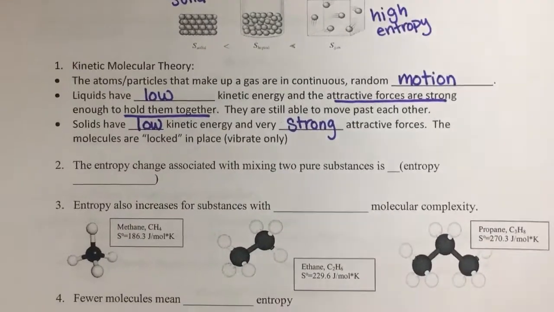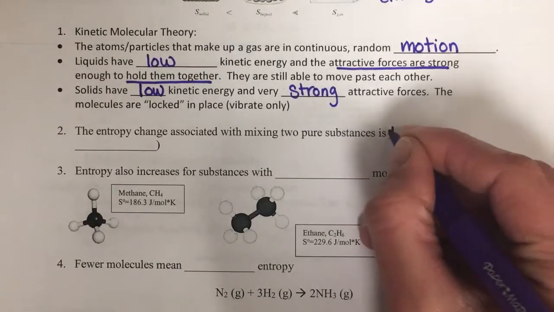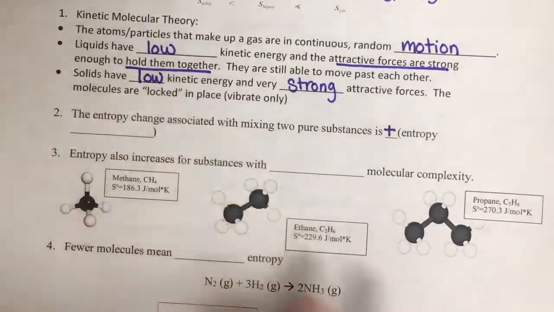Okay? Now let's say I mix two pure substances. So I take salt and I mix it with water. Anytime I mix two pure substances, the entropy is going to increase.